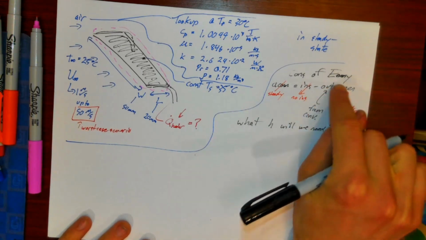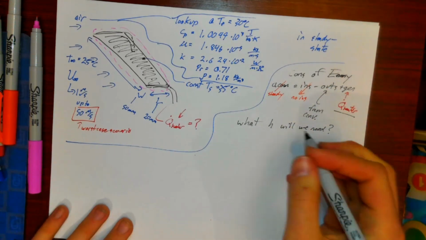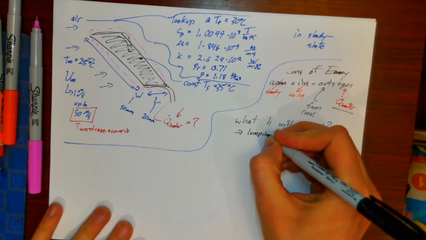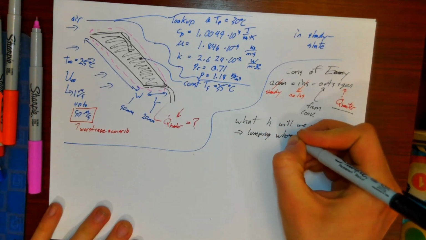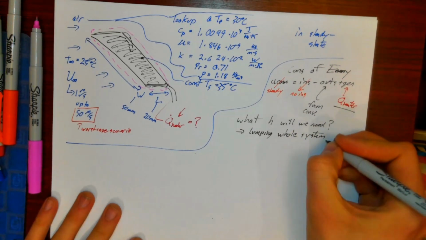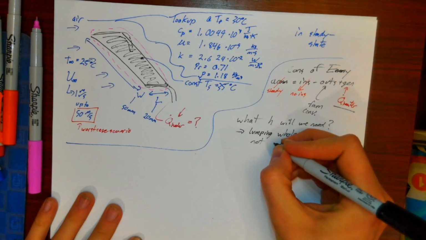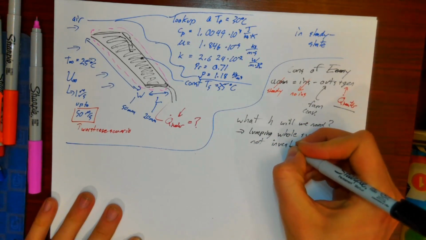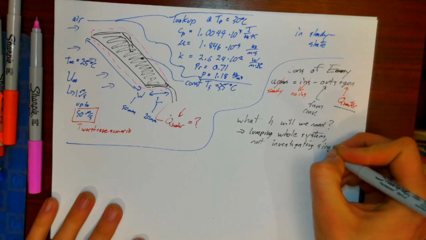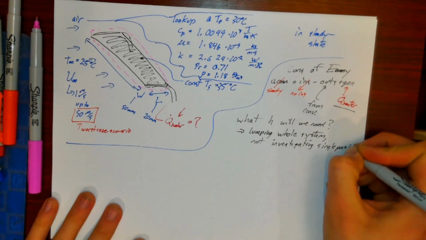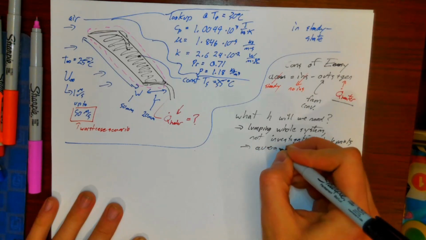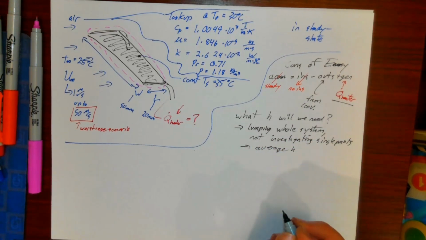Because we're lumping the whole system together and not investigating single points, that informs using an average h.